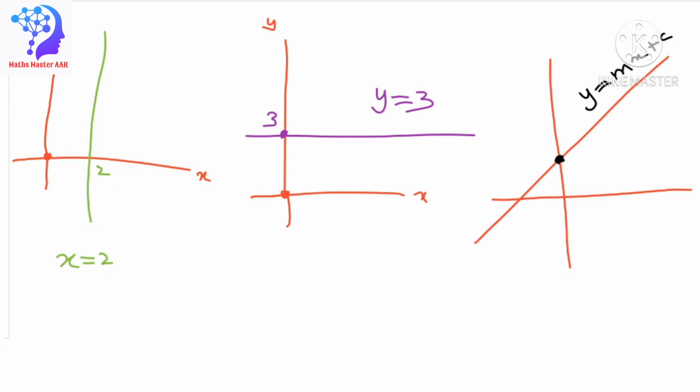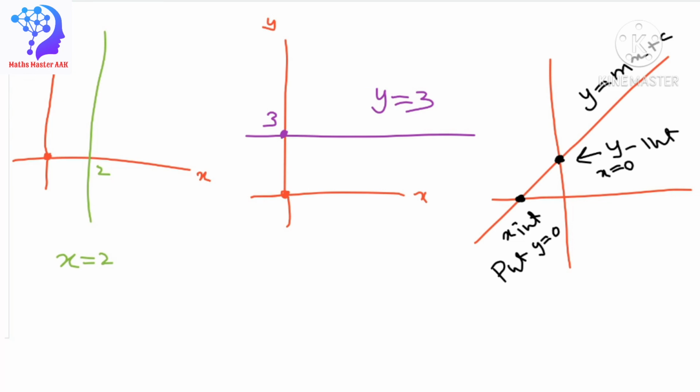Another thing, you can see that this line is crossing the x-axis as well, so this point is called the y-intercept and this point is called the x-intercept. How will you get the x-intercept? The x-intercept is the point where the line cuts the x-axis, and you will get it by putting y is equal to 0, and for the y-intercept you put x is equal to 0, so you will get the coordinates of the x-intercept and y-intercept. In some questions these points are also useful, so you should know how to find these two values.